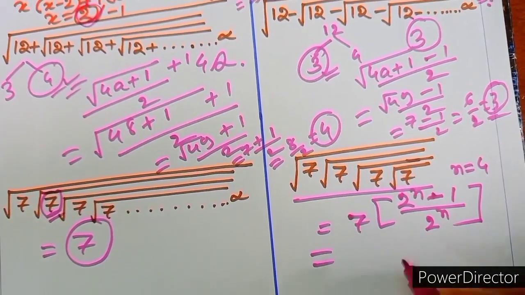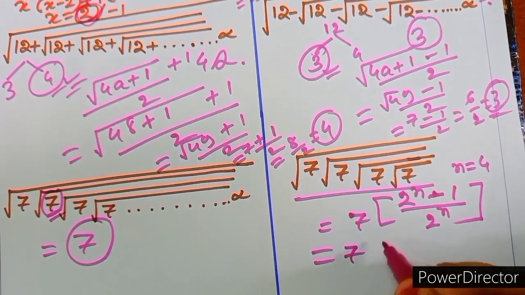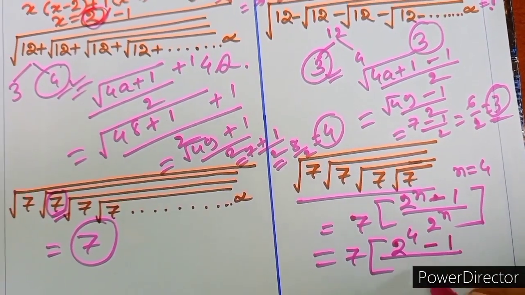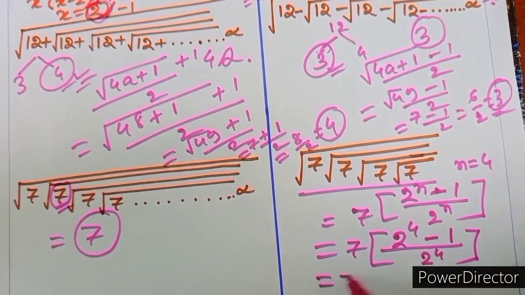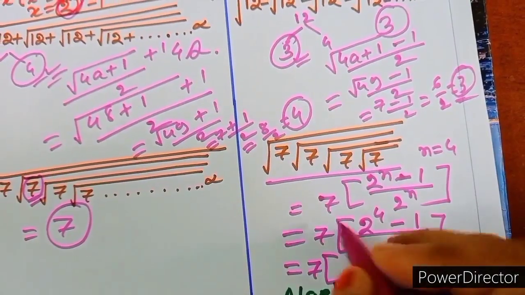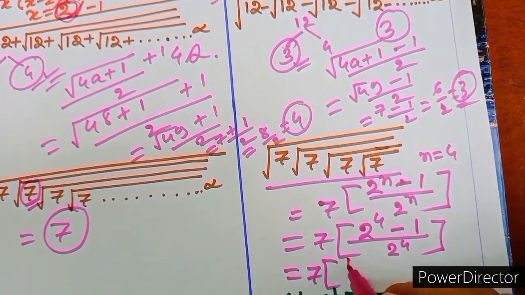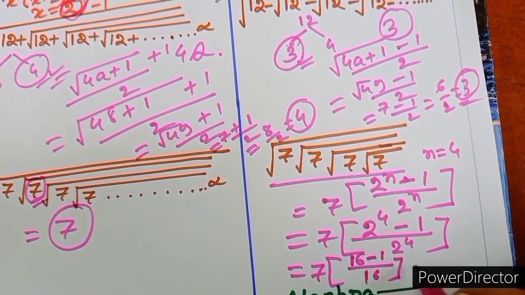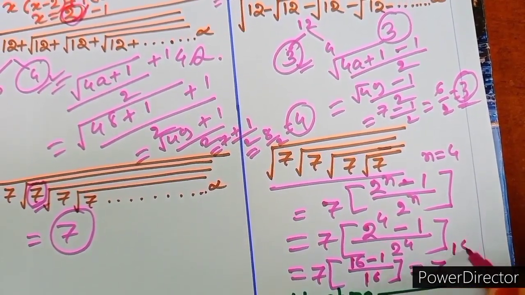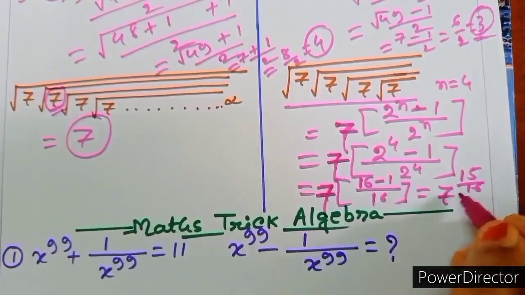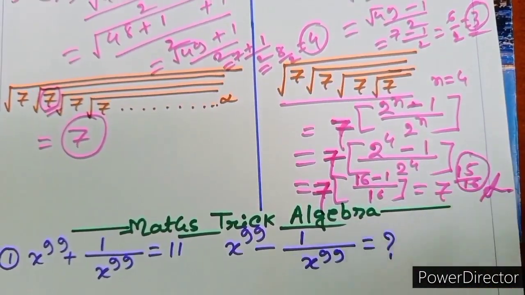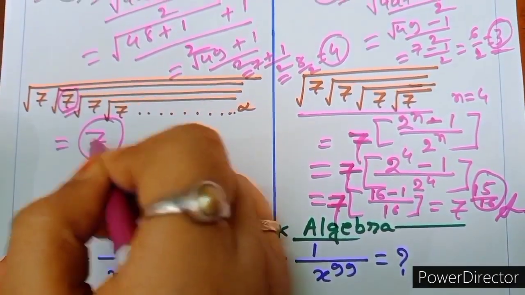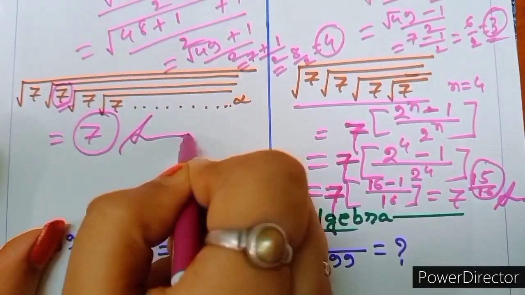So 7 to the power of (16 minus 1) by 2 to the power 4, which means 16. So equal to 7 to the power 15 by 16. So 7 to the power 15 by 16 is the answer. And when there is an infinite series, just take the under root digit. It's 7. 7 is the answer.